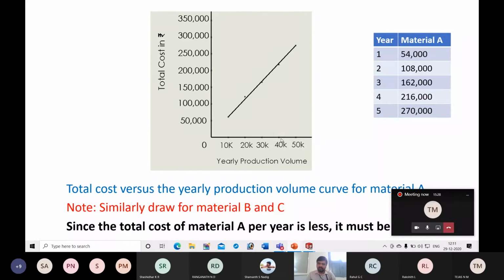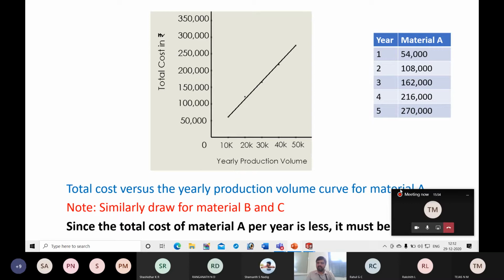Similarly, after 4 years you can manufacture 40,000 units of the curtain rod, which costs 2,16,000. Then after 5 years, you can manufacture 50,000 units of the curtain rod, and the cost will be 2,70,000.